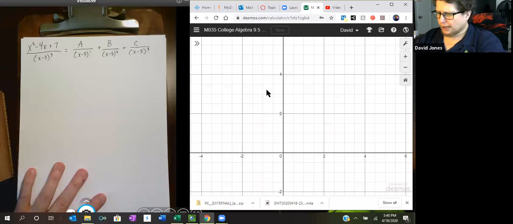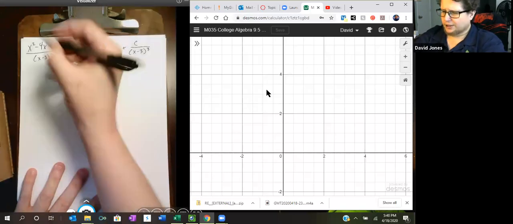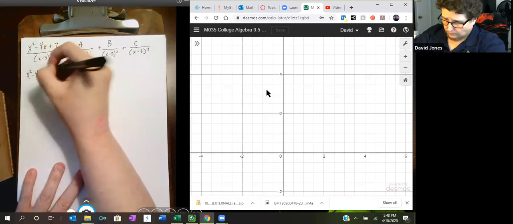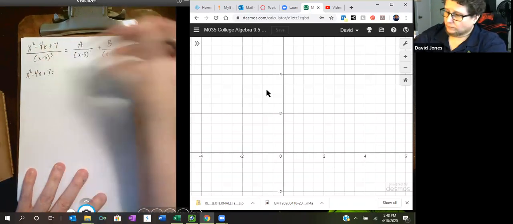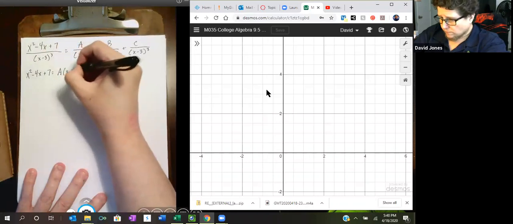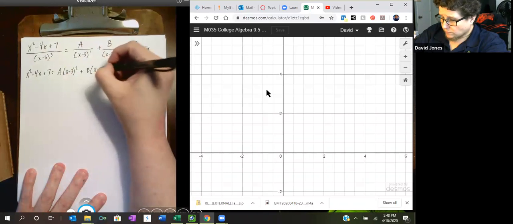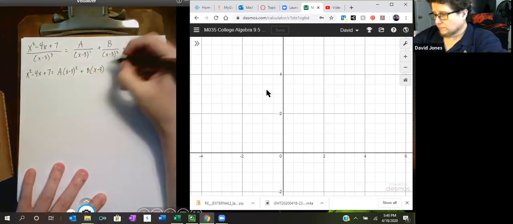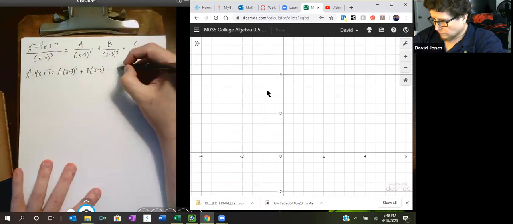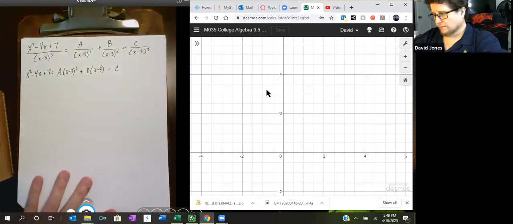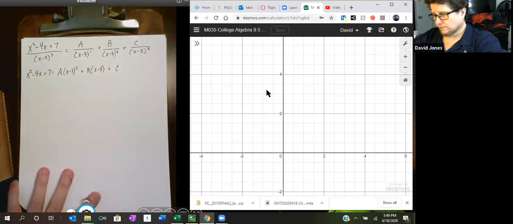And when we multiply through by our (x minus 3) cubed, well, what if I plug in x equals 3?